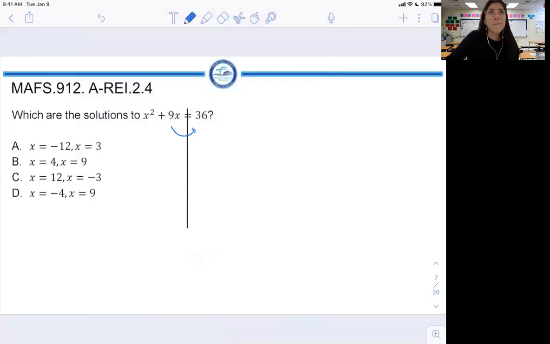That's fine. However, remember that, well, what is standard form really? Standard form is ax squared plus bx plus c. So it all has to be on the same side. So it's easier to move the 36 rather than moving everything else. Does that kind of make sense? Okay, cool. So if I'm moving the 36, how do I move it?